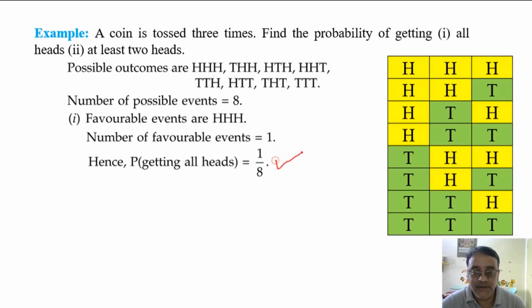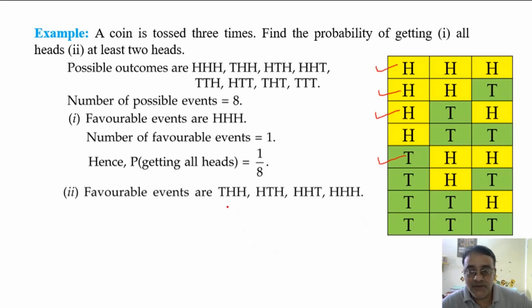Right. 1 by 8. Now second bit, at least 2 heads. At least 2 heads means you have to take 2 and 3. So I told you 2 and 3. 3 is 1 and 2 is 3 times. So we will get 4. Okay. So 2 heads कहाँ कहाँ पर है देखो. This one, this one, this one, and 3 heads this one.